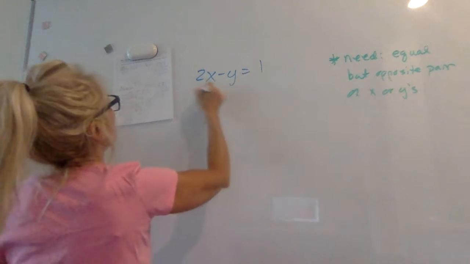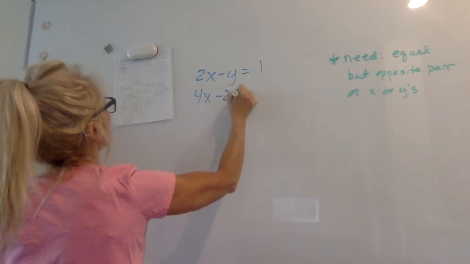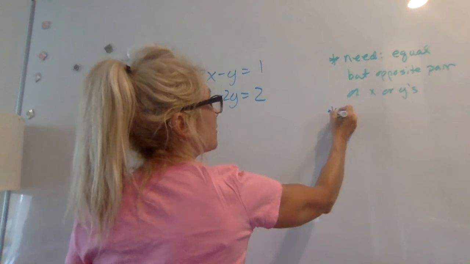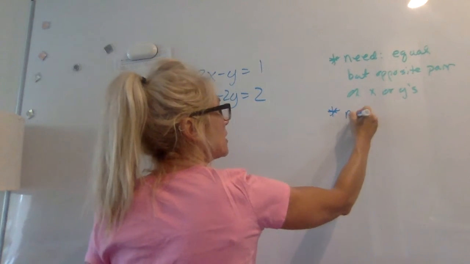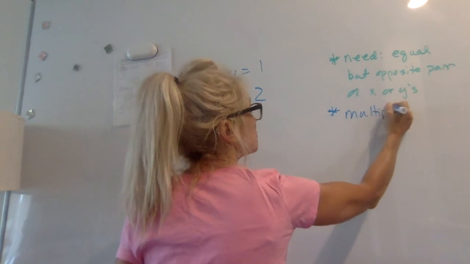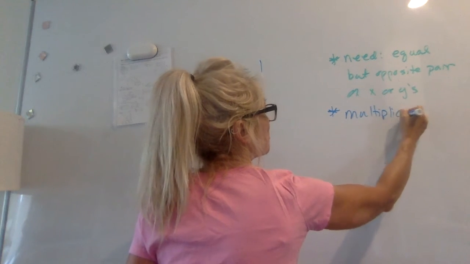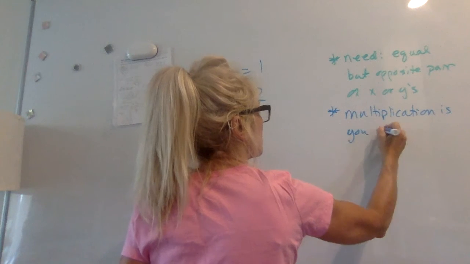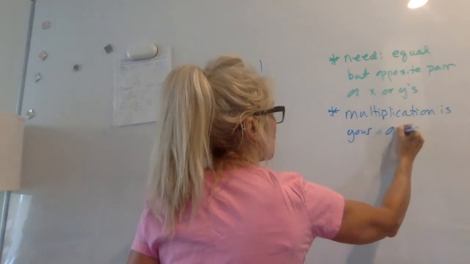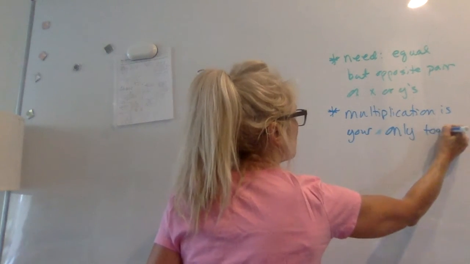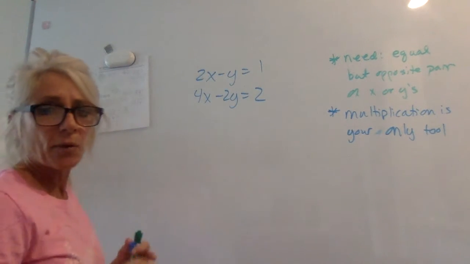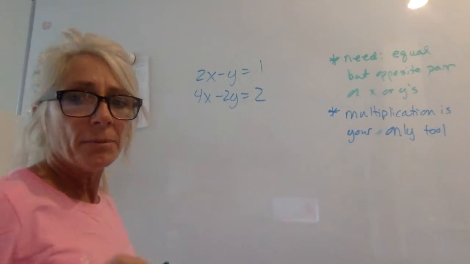So the next example that I have on this packet notes page is this. So if you don't have an equal but opposite pair, the only thing you can do is multiply. So multiplication is your only tool. So that means that you can multiply one or both by a number that will make them add up.